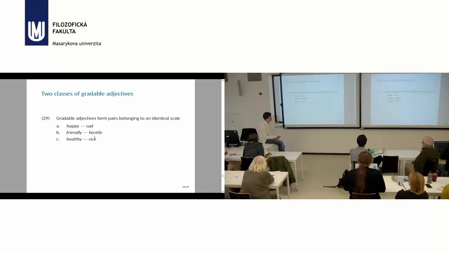Okay? When you look further at the gradable adjectives, then people have observed that there are antonymous pairs of adjectives, and usually people think about them as associated to a particular scale, but denoting the opposite extremes on that scale. So if you have something like a scale of happiness, and you're at one end of the scale, then you're happy. If you're at the other end, you're sad.